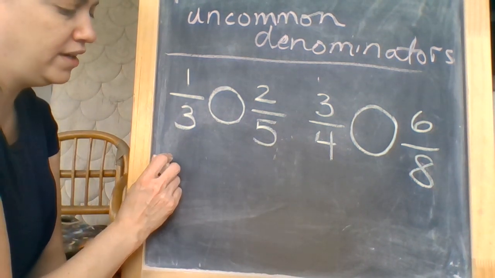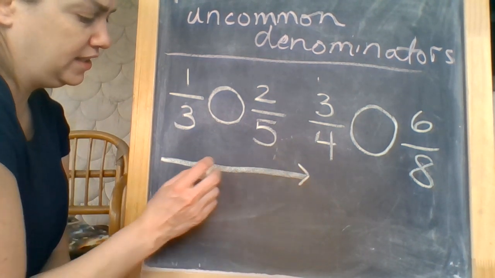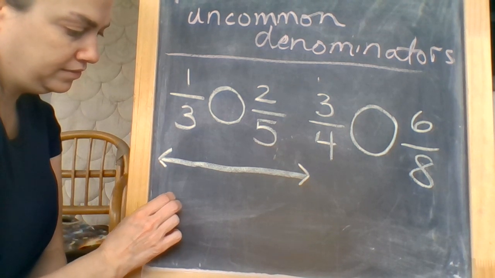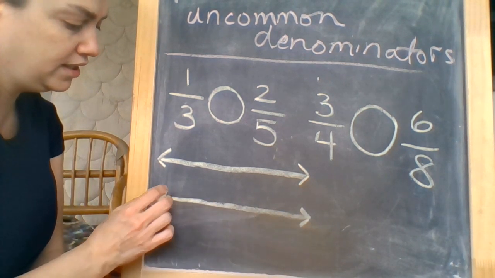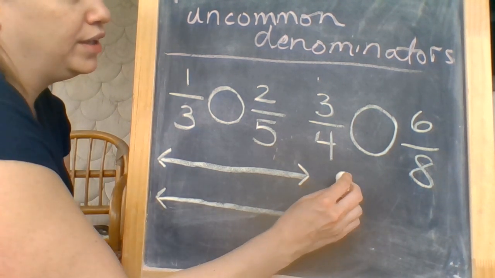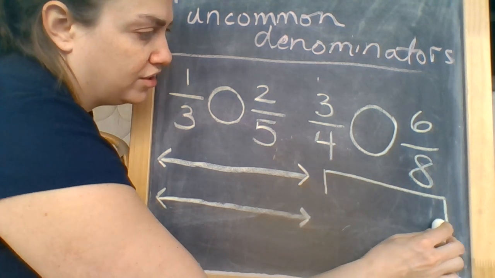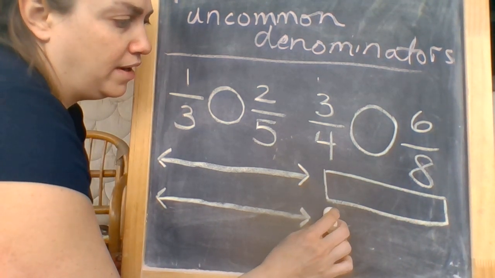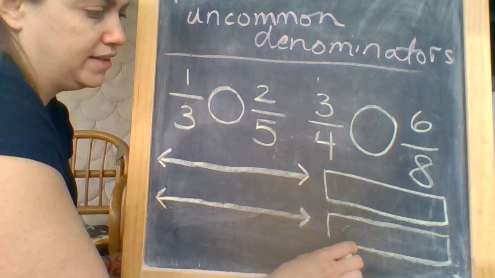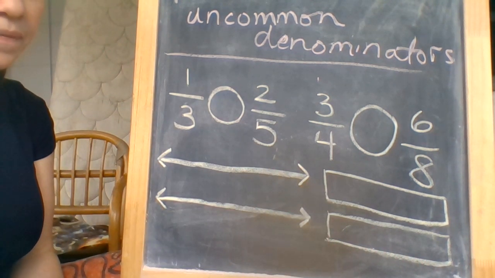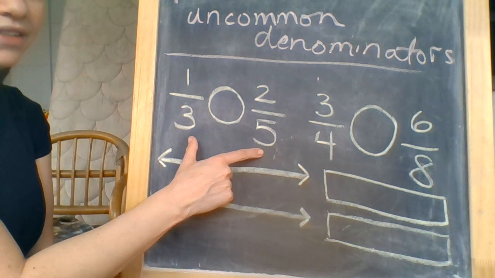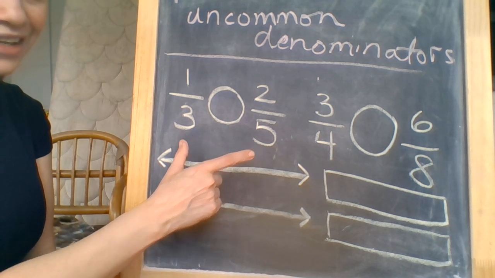Remember, you can do those on number lines. Here are my same size number lines. Or you can do them on fraction strips, because we want to be able to justify our answer. That picture helps me see it, especially when my denominators are different. I hope this helps.